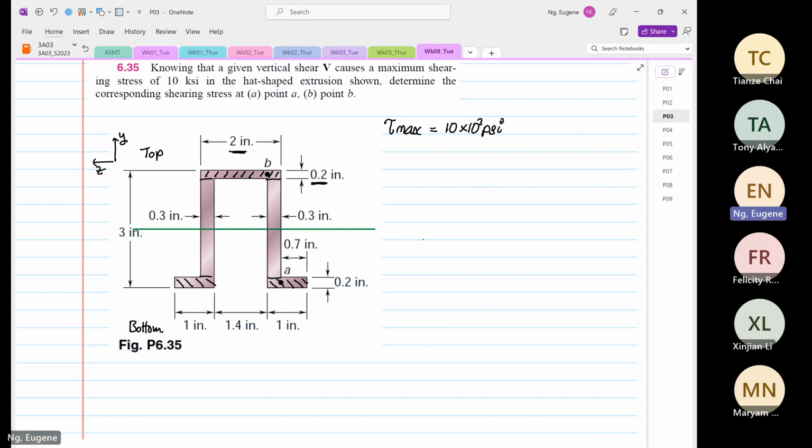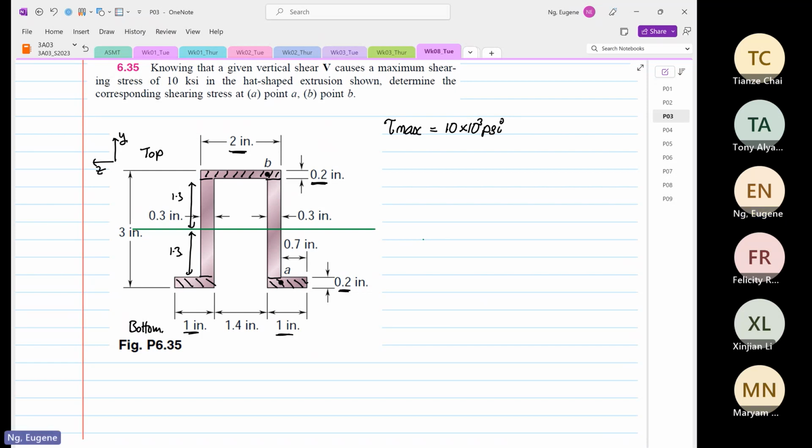At the bottom, the flange section is 1 inch here, 1 inch here, which makes it 2, and the thickness is also 0.2. So when that's the case, the distance from here to here is 1.3, and the distance from here to here is also 1.3. So that is why the centroid is exactly at the center, purely based on observation.